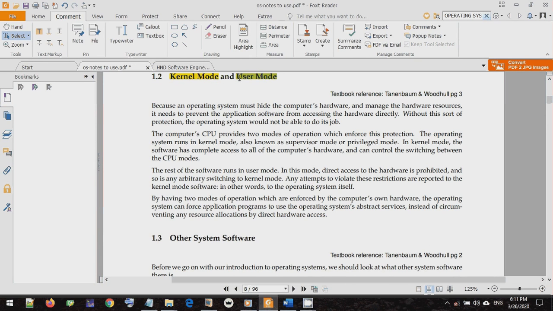That is why it is important that to get access to hardware resources, application programs which run in the user mode have to pass through the operating system, which runs in the kernel mode. Kernel mode simply means a privileged mode or an administrative mode, while user mode means the non-privileged mode.